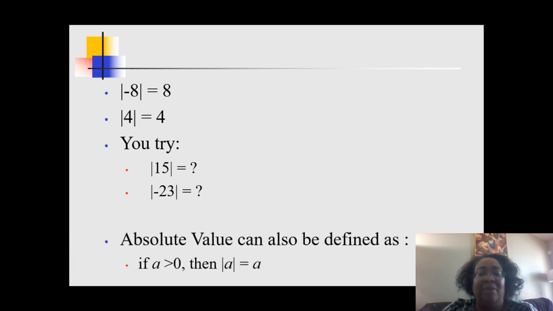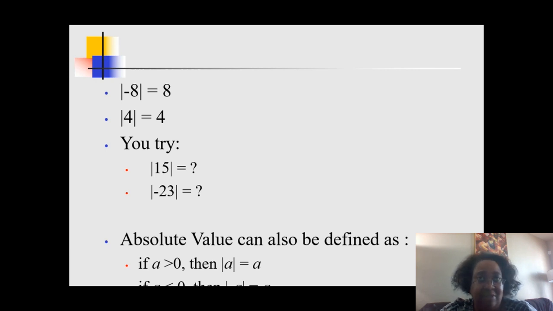So remember that if your a is greater than 0, its absolute value is going to be whatever a is, the distance from 0. And the same is for negative numbers. It's going to be whatever a is, the distance from 0.